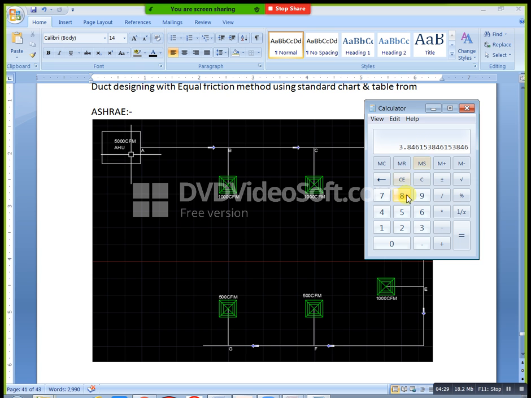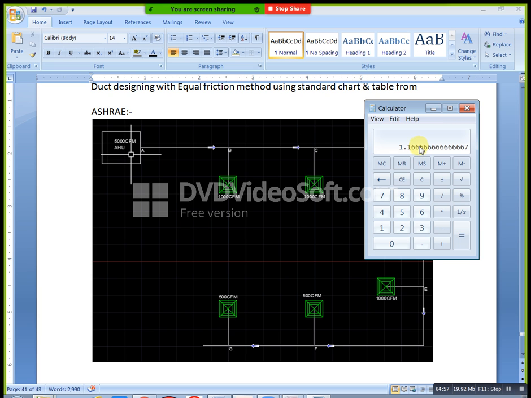Now we know our area value. At the same time we know W is equal to area by height. You can remember this value 3.84. We have 14 inch. 14 divided by 12, how much is our value? 1.17. This is our feet value, height value. Why?